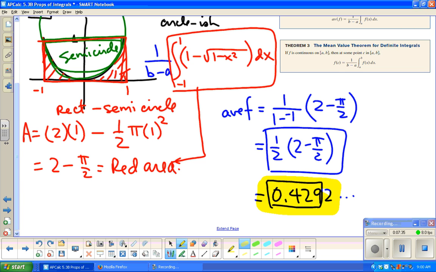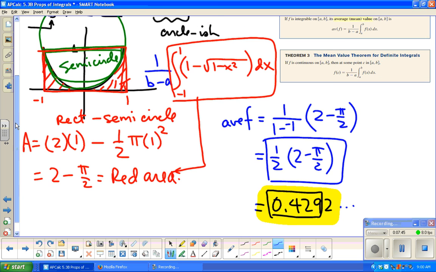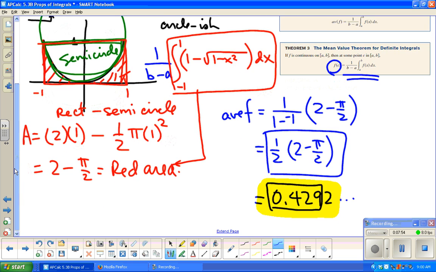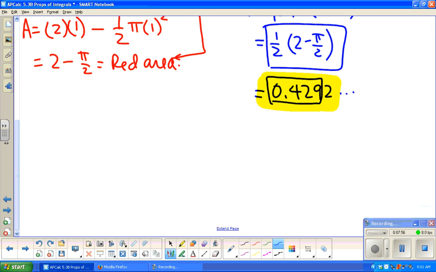Now the second part of the question says find c for the mean value theorem for integration. Well, the mean value theorem for integration says there is a spot where the function is equal to that average. The function was this ugly equation, 1 minus square root of. Okay, so it says there is a spot somewhere.